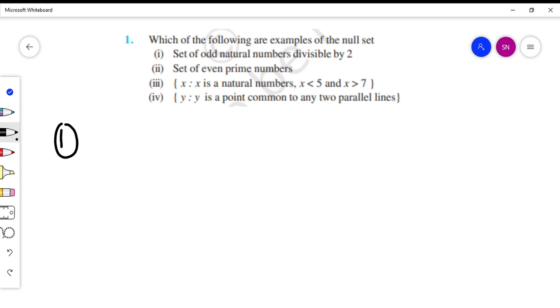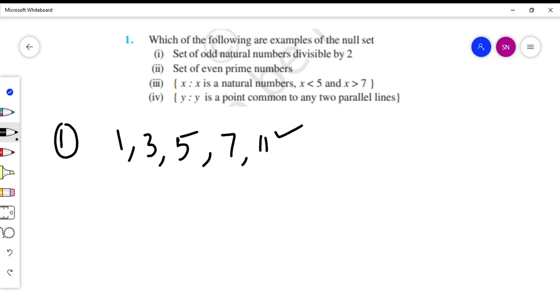So we all know odd numbers start from 1, 3, 5, 7, 11, and so forth. And we also know that an odd number cannot be divisible by an even natural number.